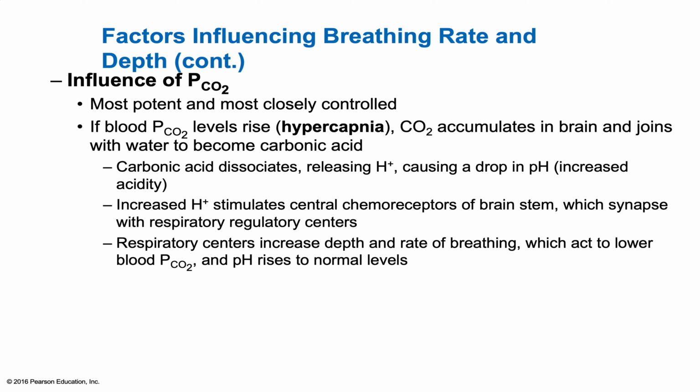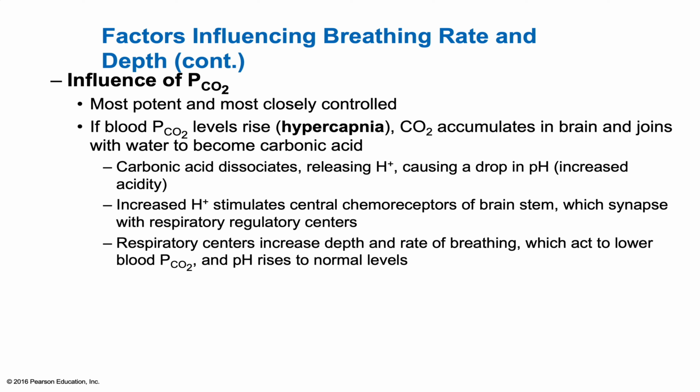As carbon dioxide levels rise in the blood, a medical condition we call hypercapnia, carbon dioxide accumulates in the brain. As carbon dioxide accumulates, it's hydrated to form carbonic acid. The acid dissociates, hydrogen is liberated, and the pH drops. This is the same mechanism I described earlier that occurs when carbon dioxide enters red blood cells.